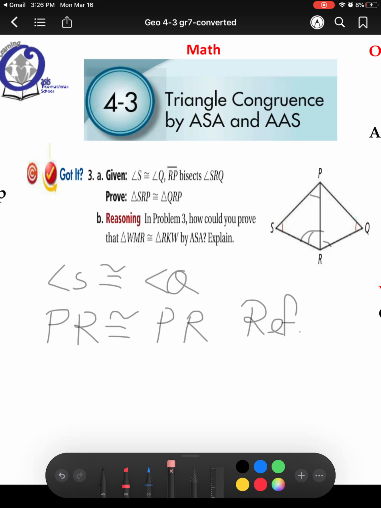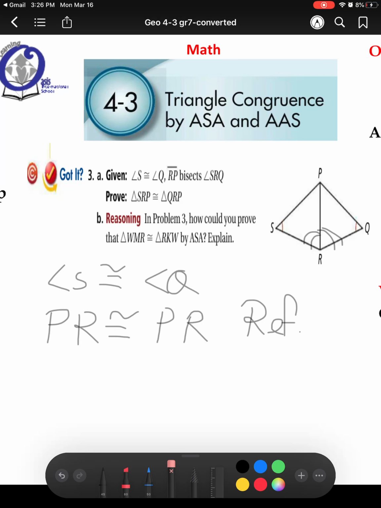Where is SRQ? That is SRQ, the big angle. Bisected means the first part is congruent to this part. So I was able to find two angles connected to each other, and the side in between them.